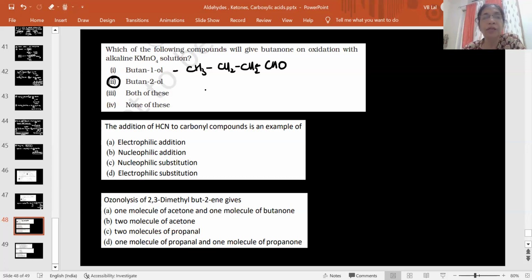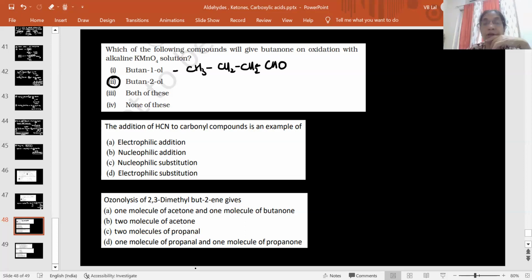Then, addition of HCN to carbonyl compounds is an example of. Vaishnavi, can you answer that? Ma'am, is it nucleophilic substitution?